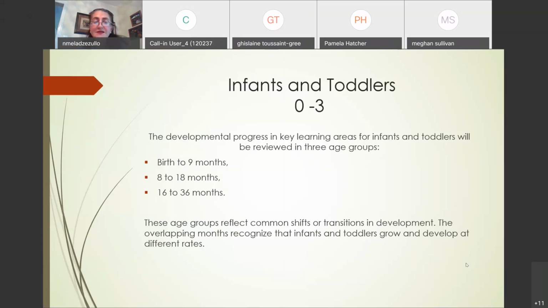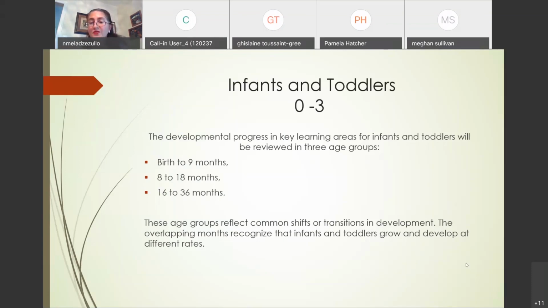And then 16 to 36 months is the final, older toddlers group. 8 and 9 months overlap, and 16 and 18 months overlap. These overlapping months recognize, especially in the infant and toddler age group, that they are growing and developing at different rates.